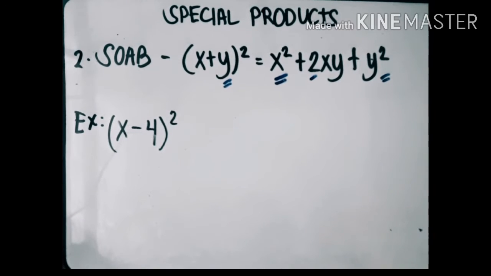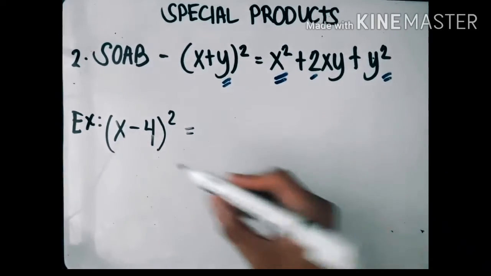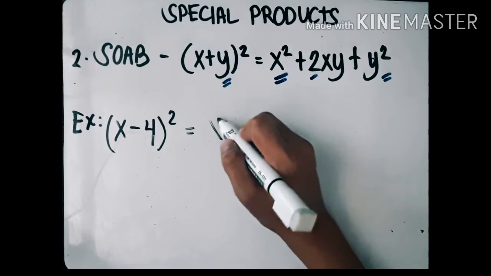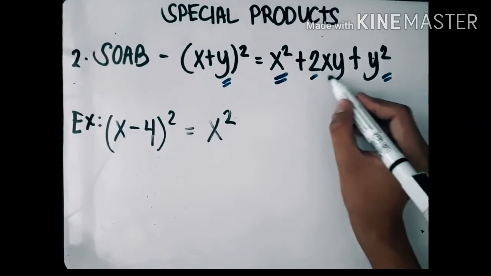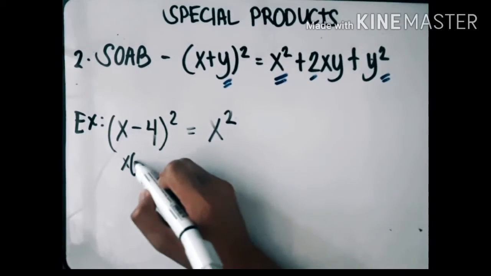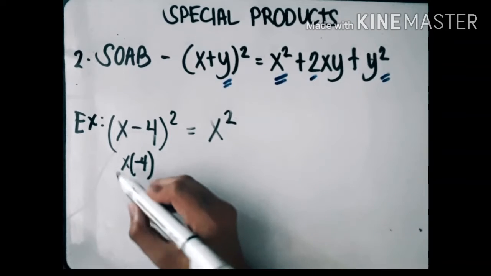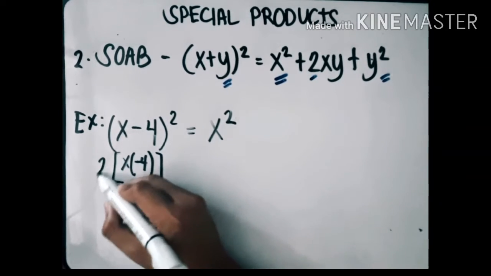Next example is x minus 4 raised to 2. So, first, kunin natin yung square of the first term, which is x, so x squared. And twice the product of x and y, so x multiplied by negative 4. So, kunin natin yung twice nito.